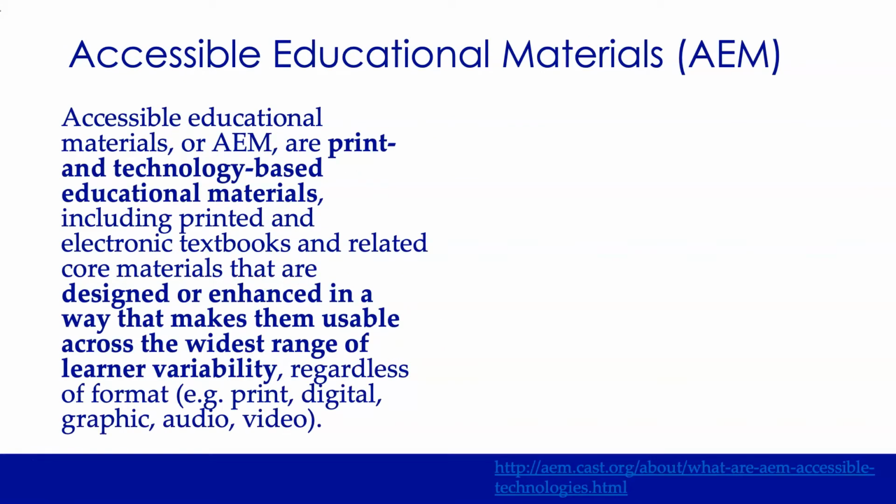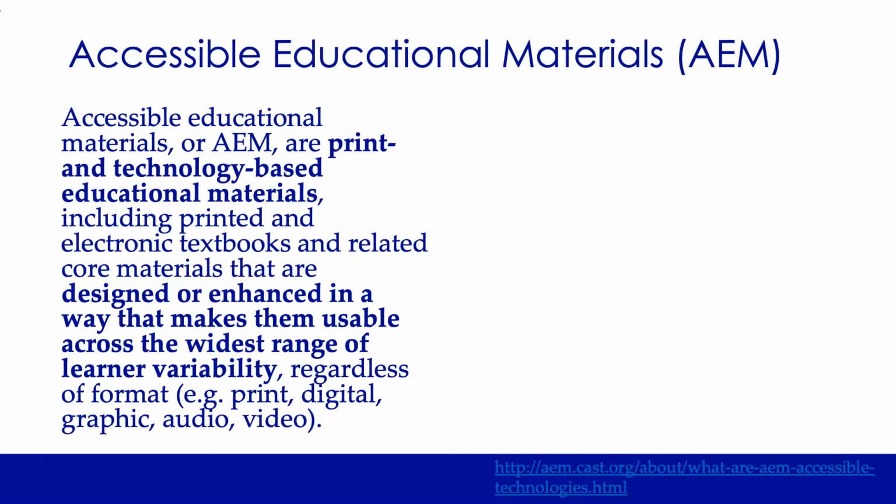Related to different instructional and education materials is accessible education and materials. Accessible education materials are a little bit different, but have a lot of crossover with quality instructional materials.